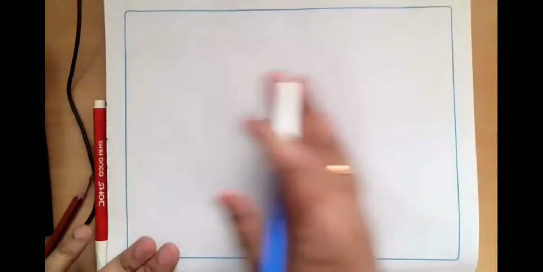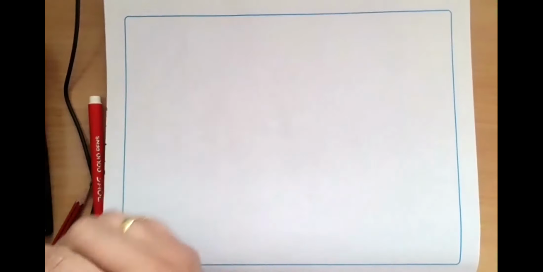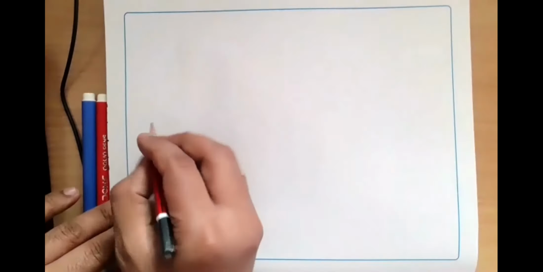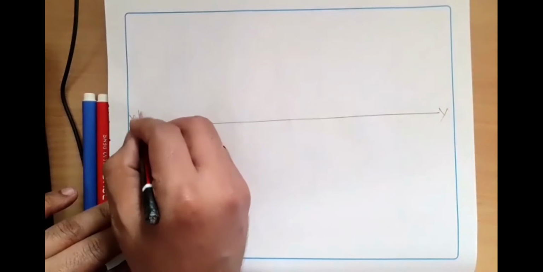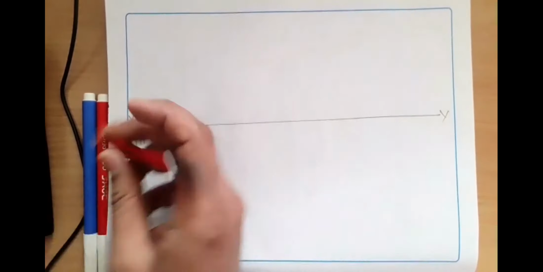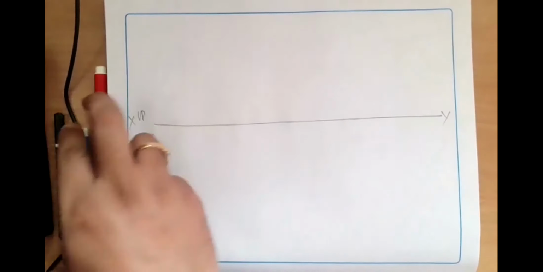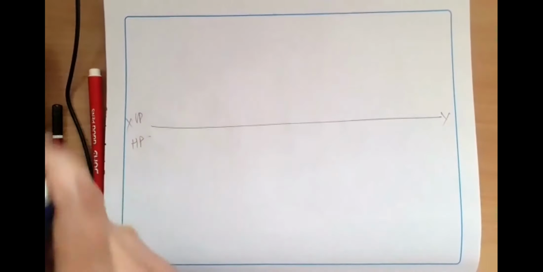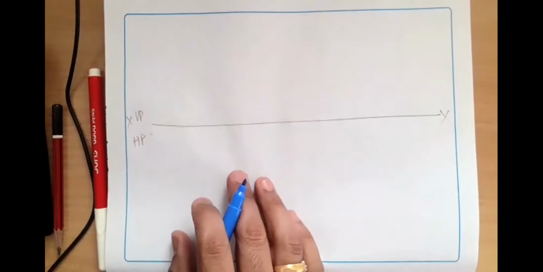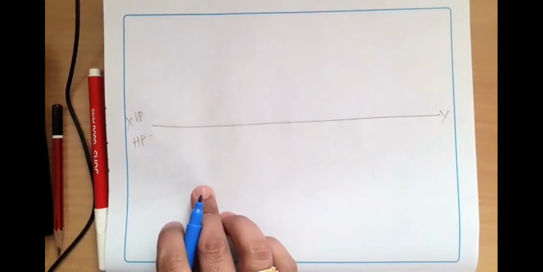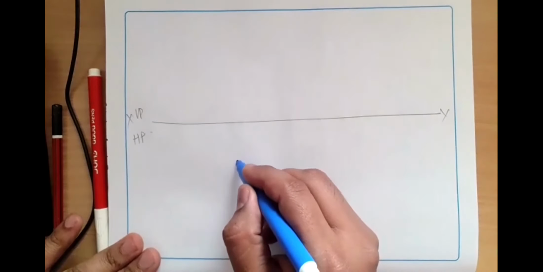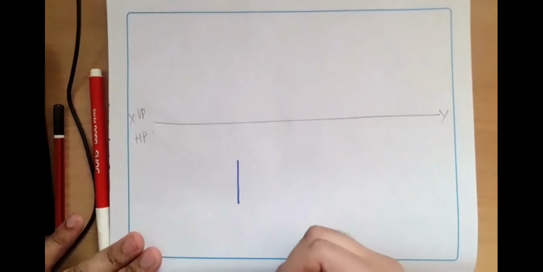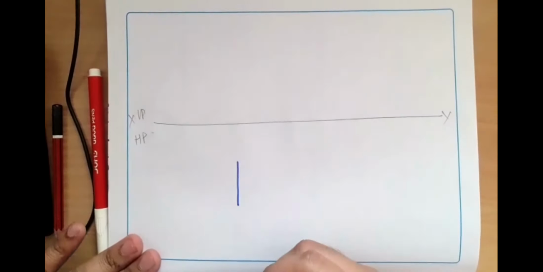So I'll consider a pentagonal based pyramid. I'll draw the XY line, VP, HP, or a hexagonal based pyramid. I'll consider it with respect to the edge condition. If it is considered with respect to the edge condition, I'll draw a line towards my right-hand side.